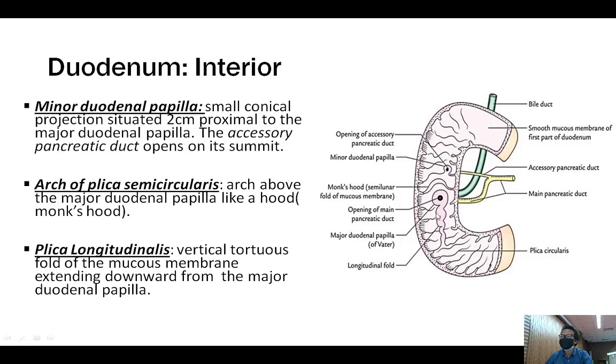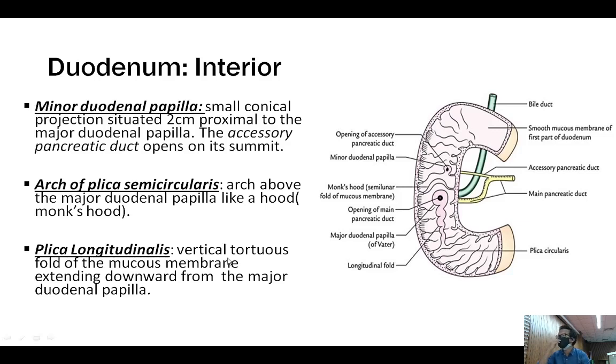Now you can also see, above this, the arc of the plica semilunaris. It's nothing but the arc or fold of the mucosa above the major duodenal papilla. Then the last one is the longitudinal fold, or plica longitudinalis. This is the vertical tortuous fold of mucous membrane extending downward from the major duodenal papilla.